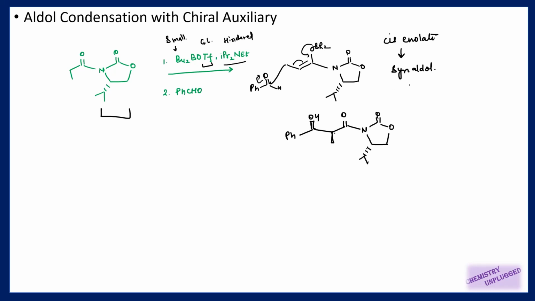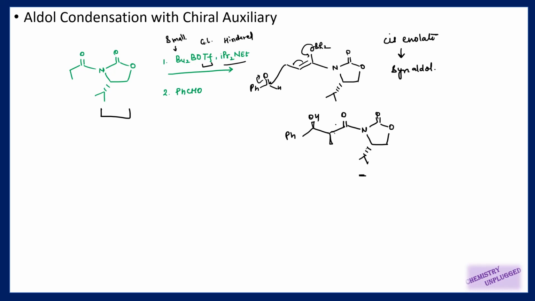Syn aldol means these two groups should be on the same side. So they can be above the plane, they can be below the plane. Both conditions are syn, but because this group is below the plane, these two groups will attach above the plane, and this is also our syn condition, right? That is why this reaction is very important.